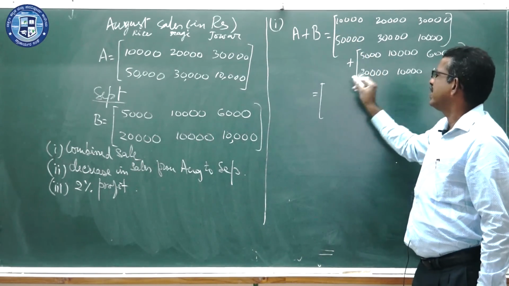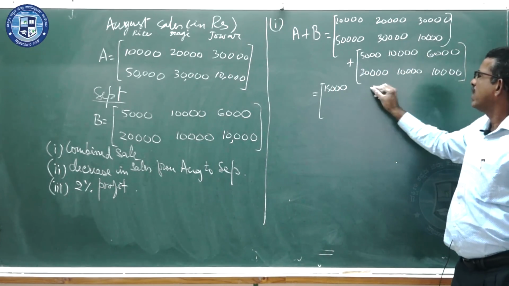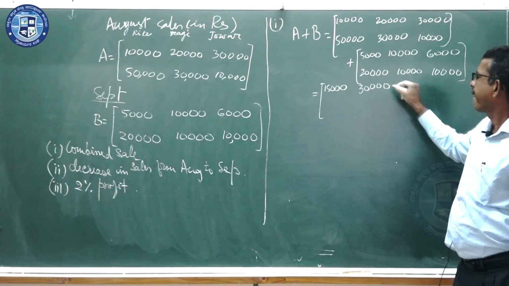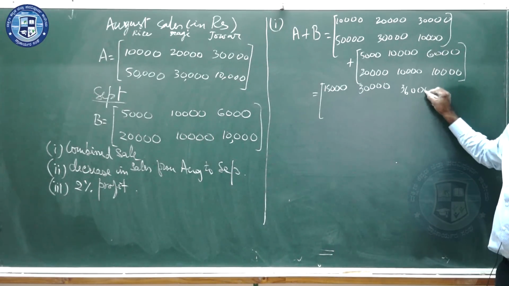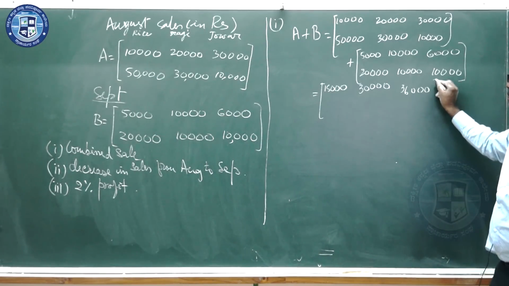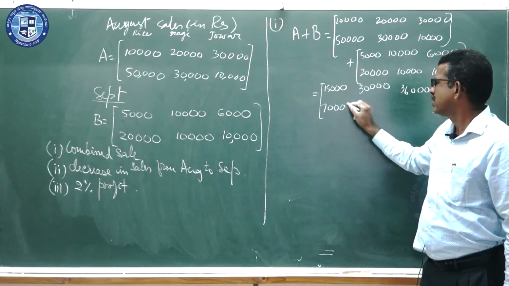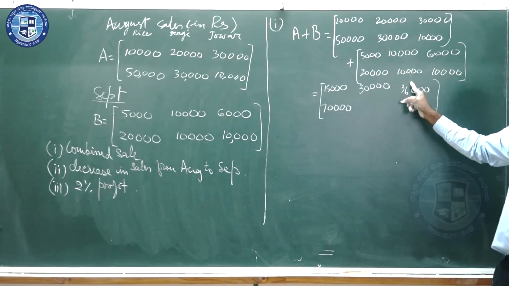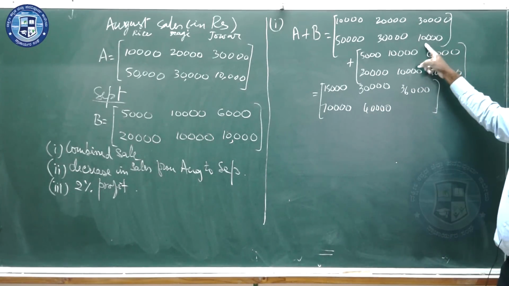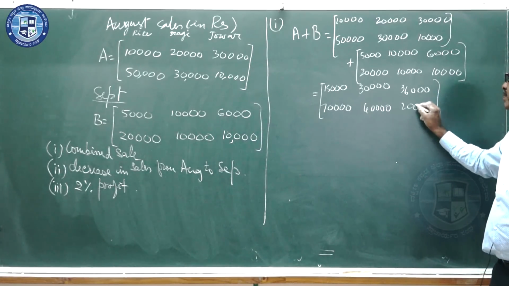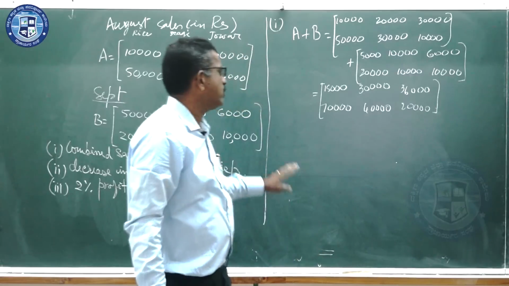Therefore 10,000 plus 5,000 is 15,000. 20,000 plus 10,000 will be 30,000. 30,000 plus 6,000 will be 36,000. 50,000 plus 20,000, 70,000. 30,000 plus 10,000, 40,000. 10,000 plus 10,000, 20,000. So that will be the answer for the very first question.